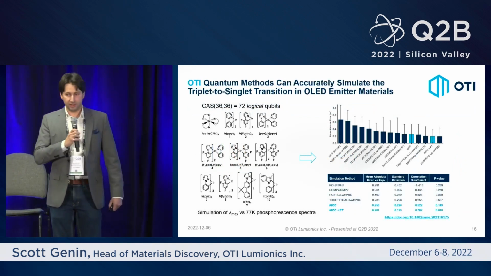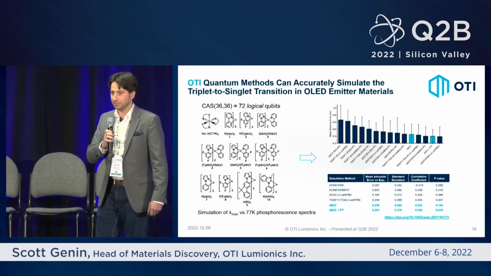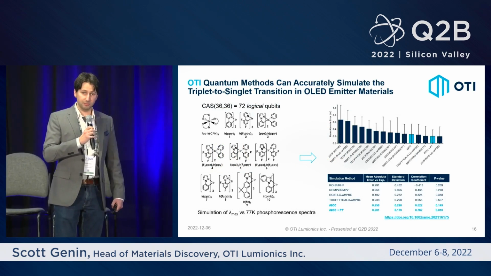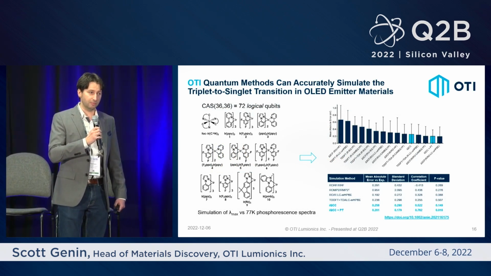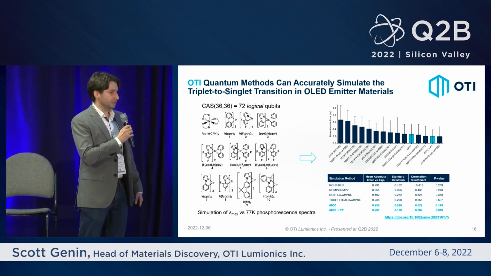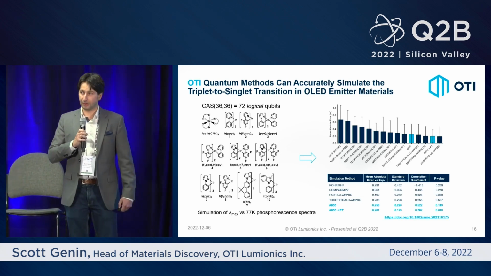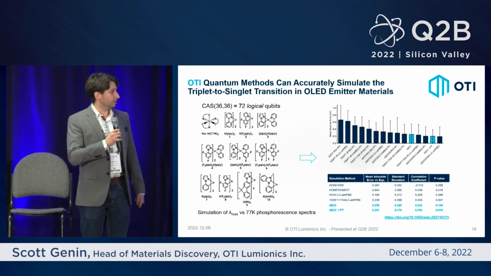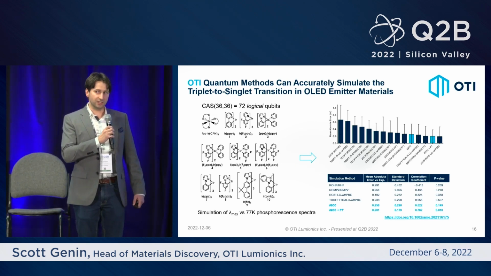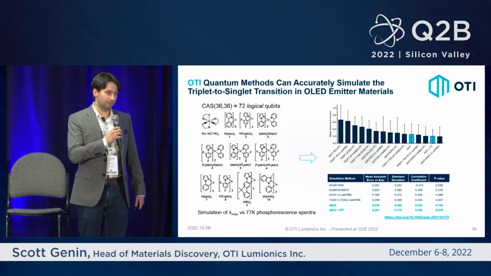So we simulated a couple of iridium phosphorescent materials using many different methods, including some of the best DFT functionals, such as CAM-B3LYP, and then compared them to IQCC and IQCC plus perturbative correction. One of the interesting aspects was that some of the best DFT functionals have slightly smaller average error.